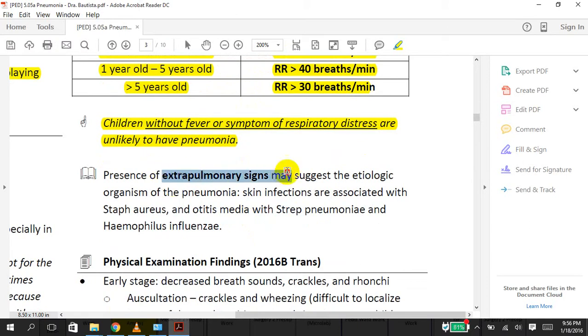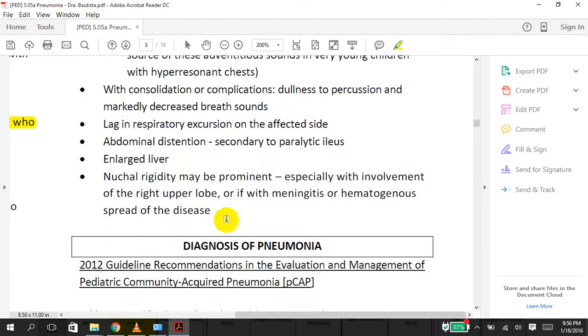The extrapulmonary signs like skin infections suggest other etiologic organisms. Like if you're considering skin infections, like what I said on the first part, you consider Staph aureus, and for otitis media, you can consider Strep pneumoniae or Haemophilus influenzae.